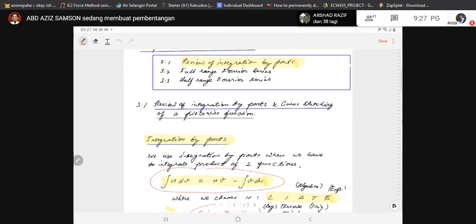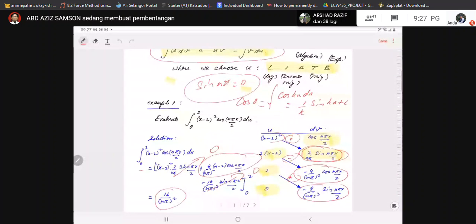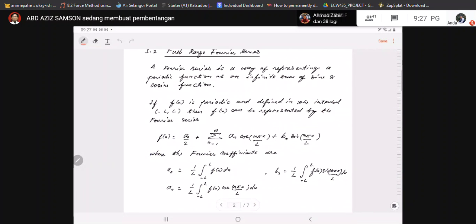So only 3 parts in the chapter, not many, right? And on the full range Fourier series, we are only using this formula.